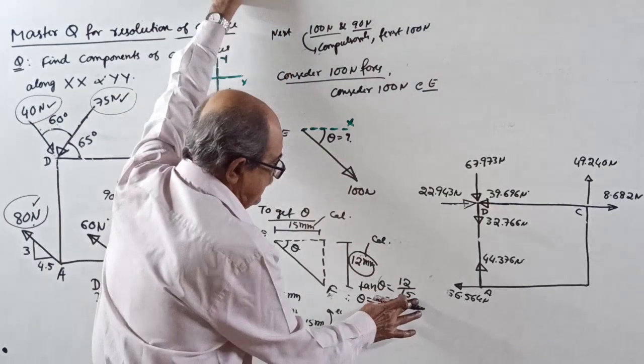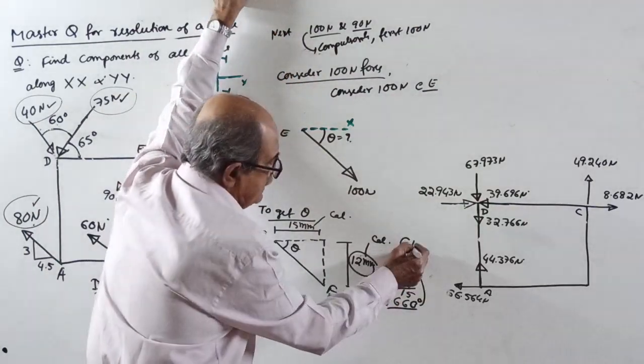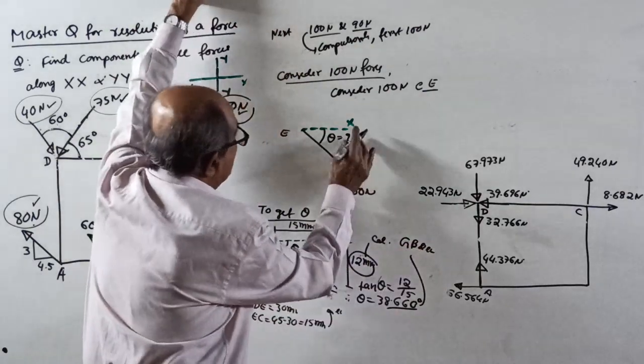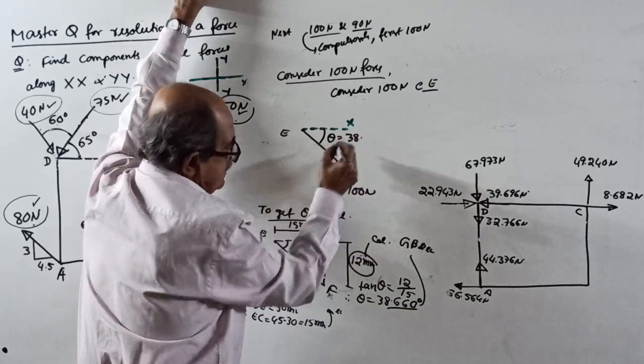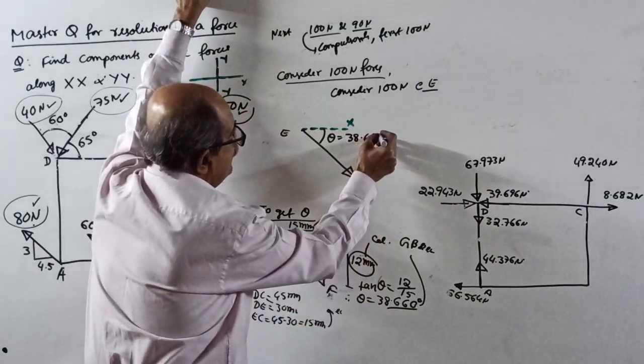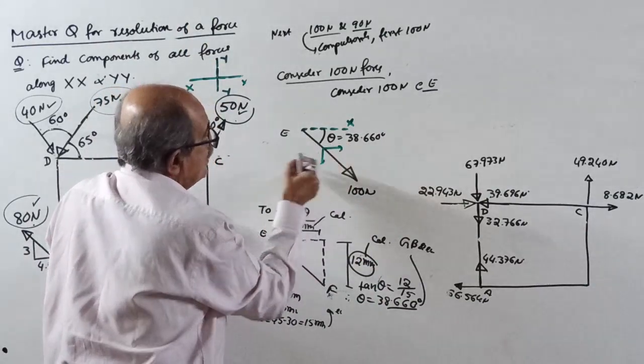Okay, if you want the third decimal, 0 degrees. Go back and enter. Enter here. Equal to the calculated value 38.660 degrees. Over.